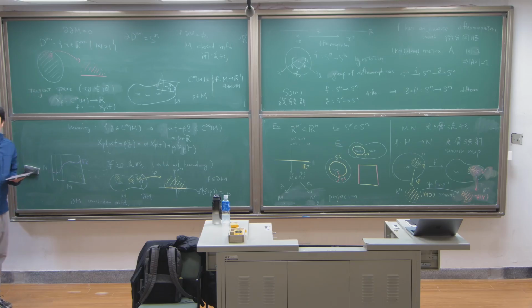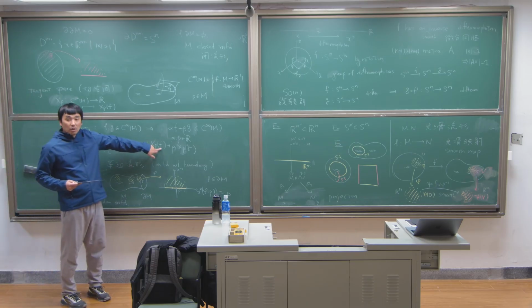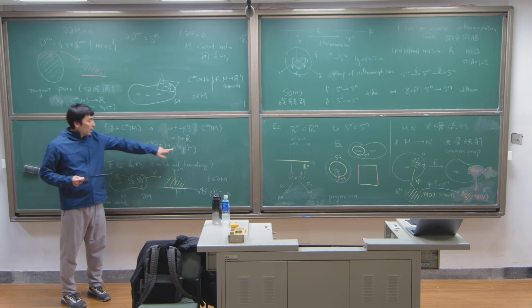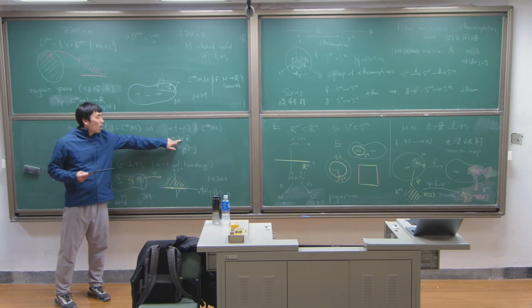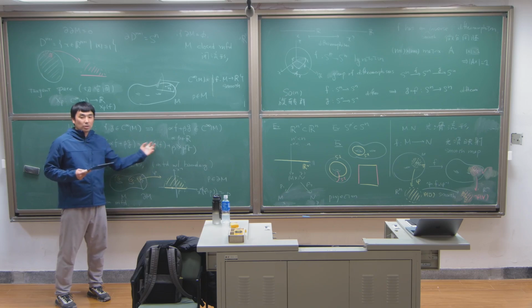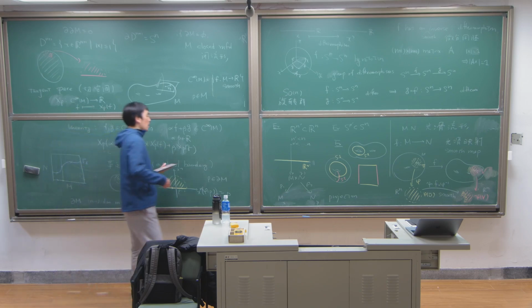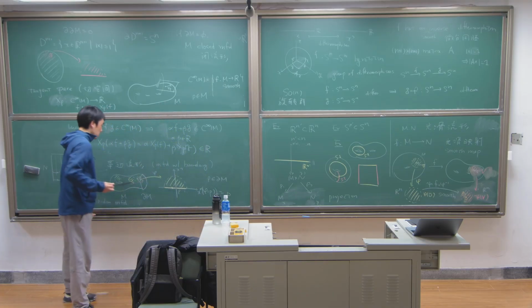X_p of f is an element of R, X_p of g is an element of R, and alpha and beta are just numbers, so you multiply them. That's linearity.